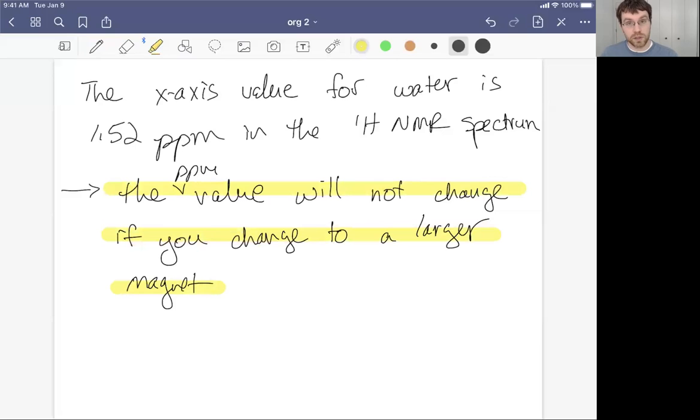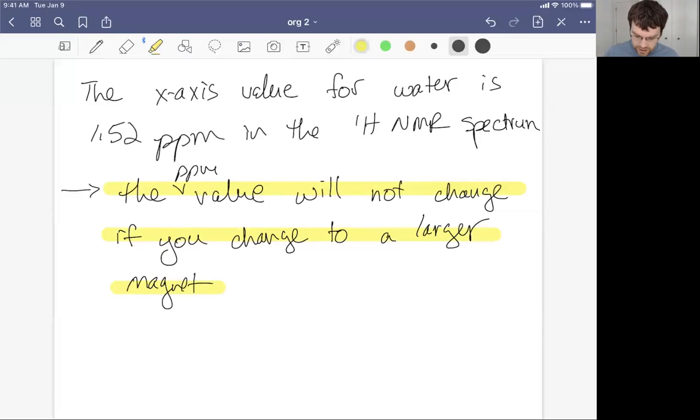The hertz value will change. When I go from 300 to 500, the energy gap increases. That allows us to see more subtle differences between the various hydrogen nuclei. However, due to the math, because we first take the larger value, it might be 500 point blah blah blah, we first subtract 500 from it, and then divide it by 500, the ppm value actually stays the same.